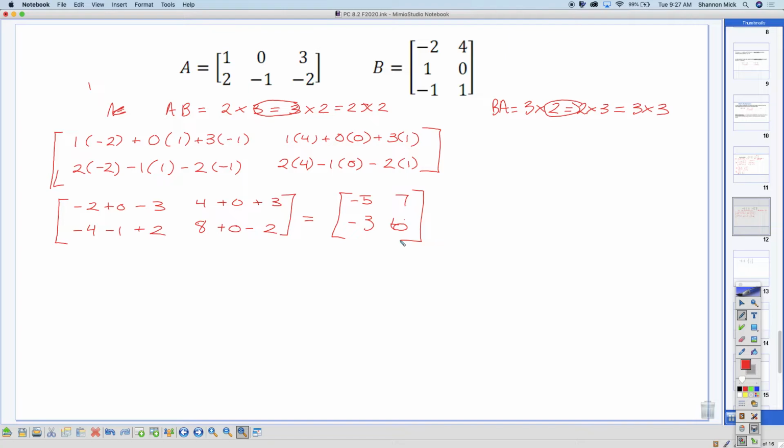You guys want to try B times A on your own? Okay, so now I'm going to take this row times this column. And if you need to rewrite it on the other side, then do that.